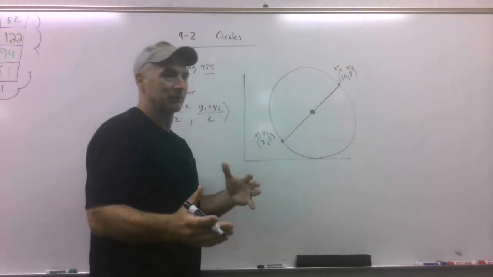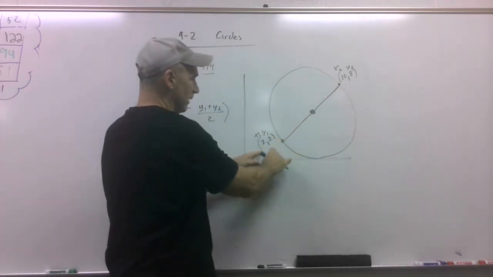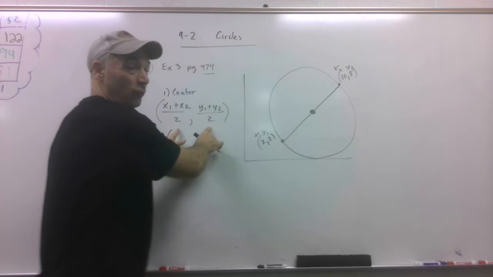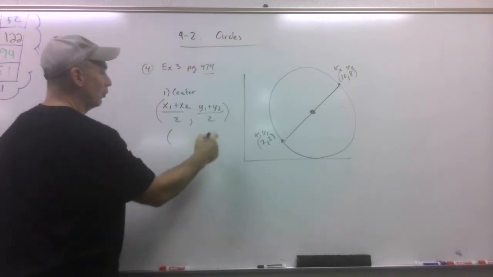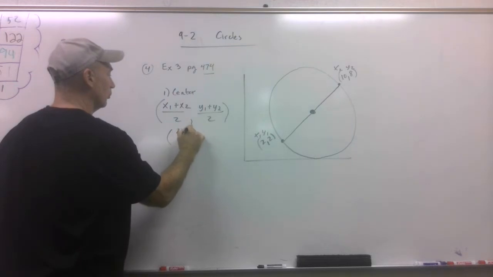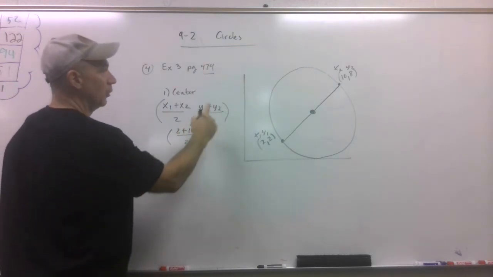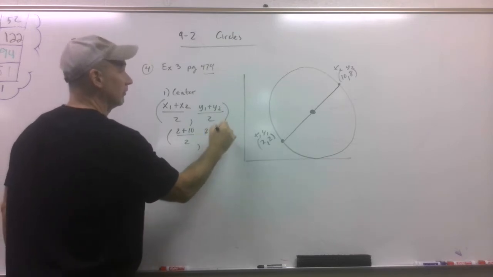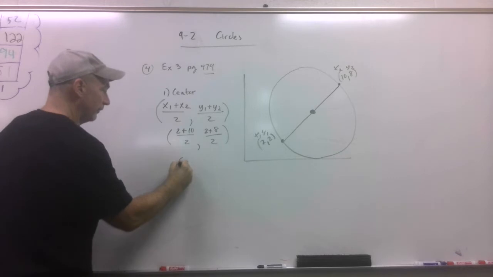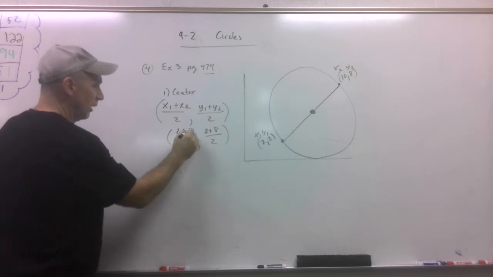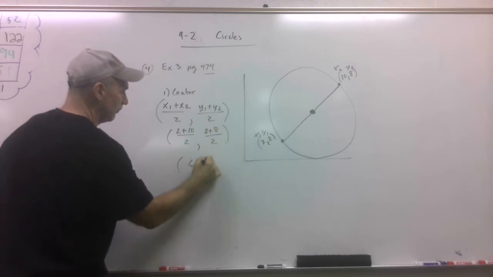By the way, somebody else could call this x1, y1, and call this x2, y2. It's not going to mess with the formula, so don't feel panicky about that. x1 plus x2 would just be 2 plus 10 over 2, y1 plus y2 over 2. Now, finish this off. 2 plus 10 is 12, divided by 2 is 6. 2 plus 8 is 10, divided by 2 is 5.